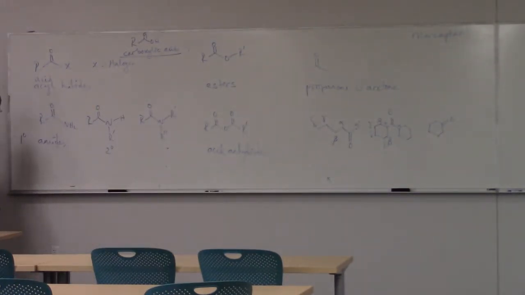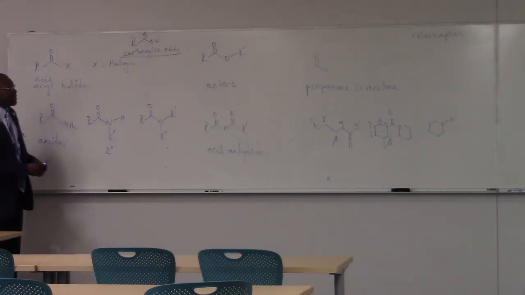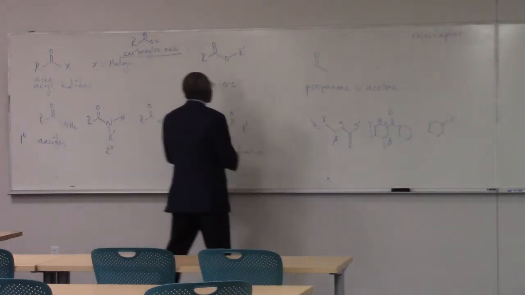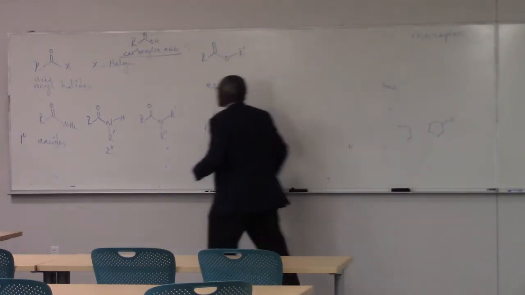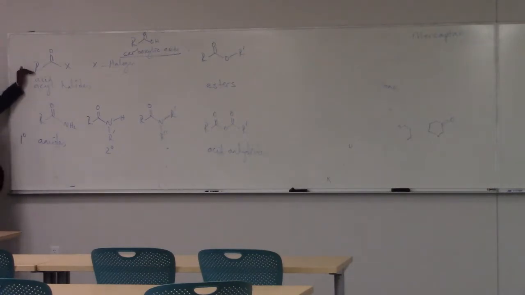So instead of having variables like R and R prime, why don't we draw some examples of acid halides and so on. With acid halides, this R must be an alkyl group. It must have carbons.